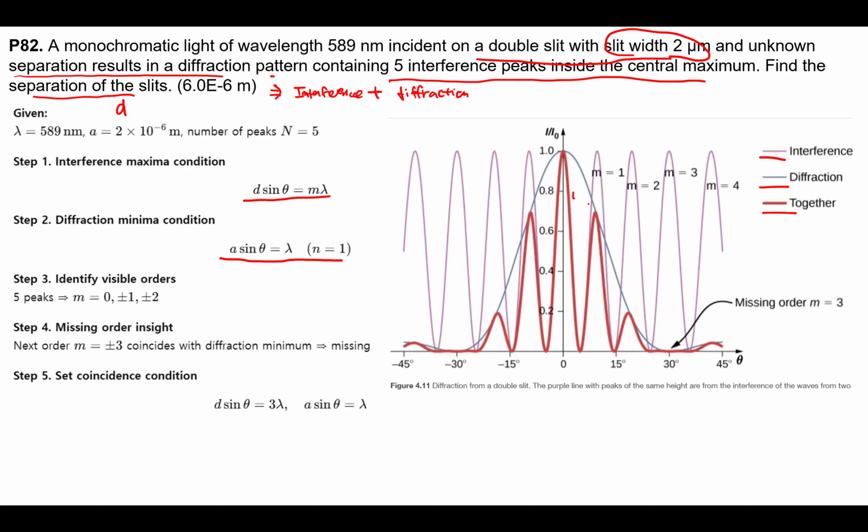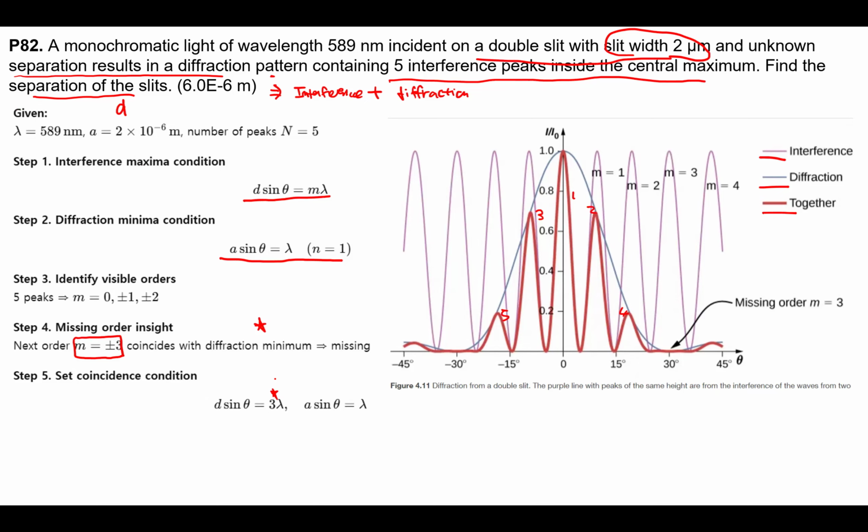Then you get peaks 1, 2, 3, 5. But in this case, there is a missing order, m equal to 3. So m equal to 1, m equal to 2, m equal to 3 is a missing one. So we have to count m equal to plus or minus 3. Instead of 2, we should plug in 3 here.